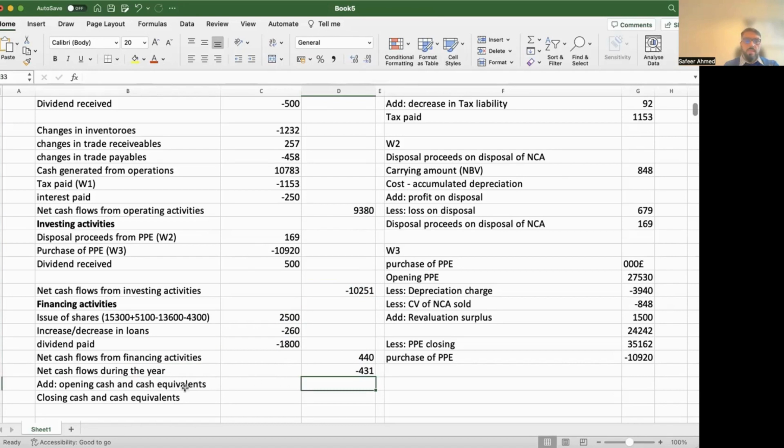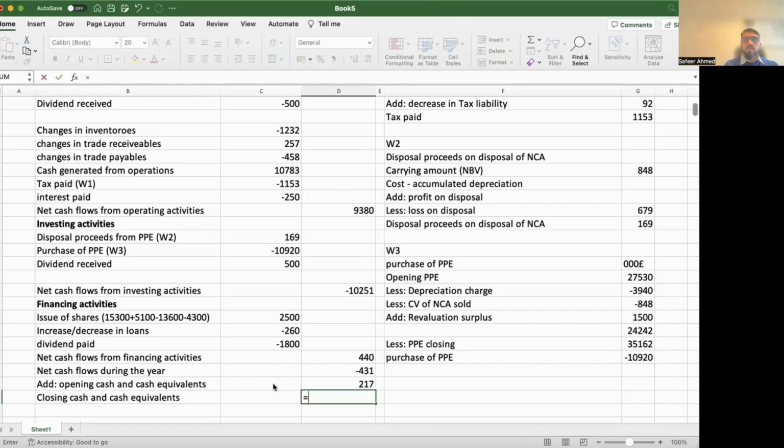And then what we do, we add cash and cash equivalents opening, which is the last year cash and cash equivalent. So this one you will see in your second picture, which was the statement of financial position. So if you look under current assets, cash and cash equivalent last year was 217. And this will give you the closing cash and cash equivalent.